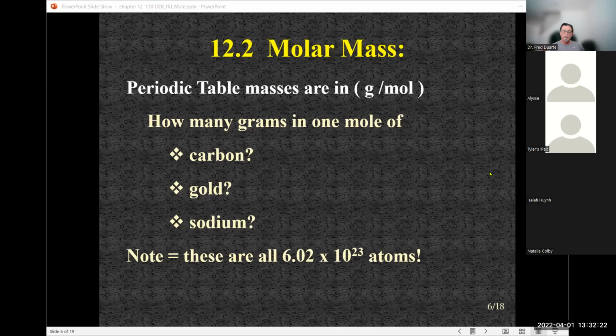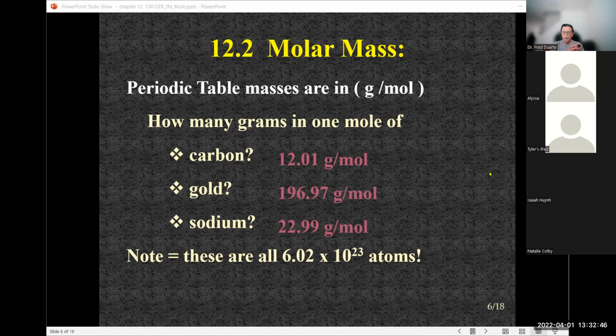So if you're ever asked about how many grams in 1 mole, we simply go to how many grams in 1 mole of the element, and its atomic weight. Now notice, when I talk about the single element, I talk about the atomic weight, okay?